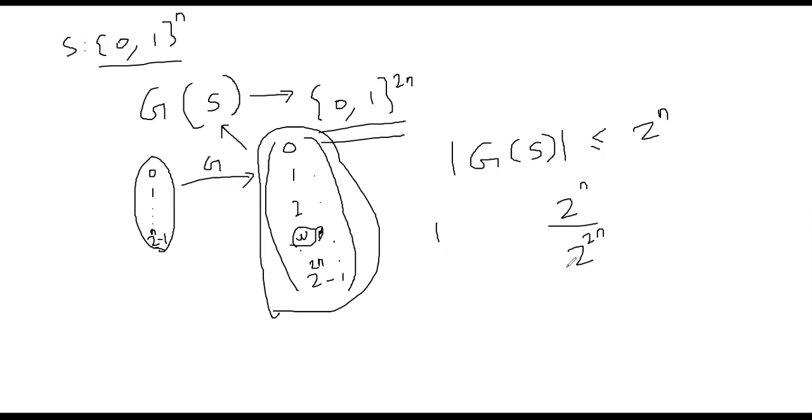There are 2 power 2n strings available, and I'm asking what is the probability that w was produced by G. Remember, G produces at most 2 power n elements. So the probability that a randomly chosen w is an image of some element from the set S, where small s is one particular seed and capital S is the seed set.